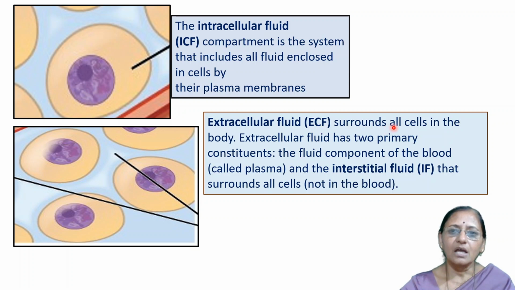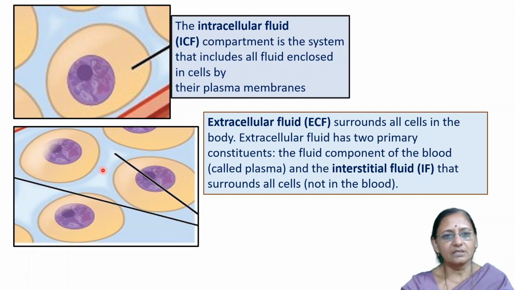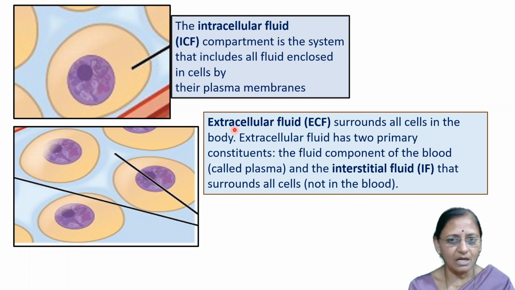It surrounds all cells in the body. Extracellular fluid is the fluid in between the cells, so it automatically surrounds all cells. You can see this extracellular fluid in the figure. Mainly it is the interstitial fluid (IF), because extracellular fluid is divided into blood plasma and interstitial fluid.